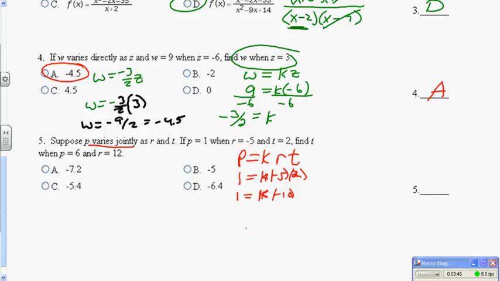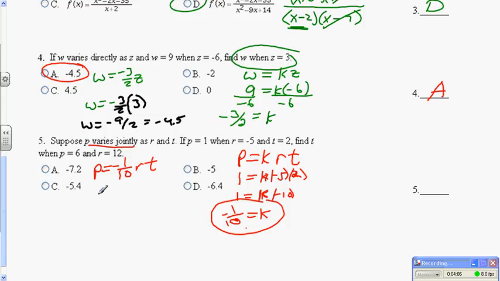The computer doesn't want to catch up to me. So K is equal to -1/10. So P equals -1/10 RT.